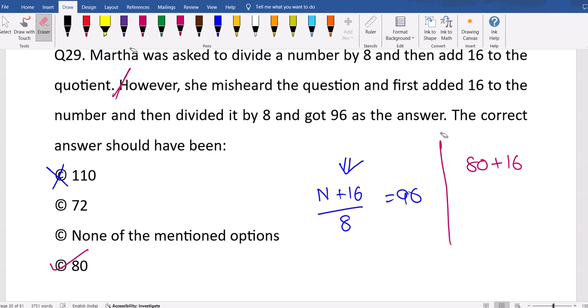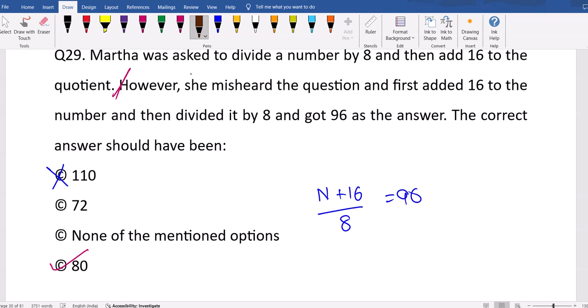what is the situation? One minute. Martha was asked to divide a number by 8 and then add 16. So first divide by 8 and then add 16 to that quotient value; n divided by 8 gives the quotient value. Then add 16 to the quotient. However, she misheard the question, first added 16, then divided by 8 and got 96 as the answer.